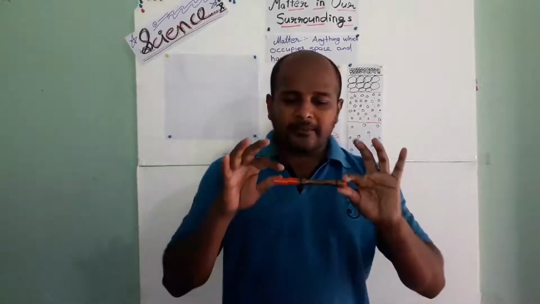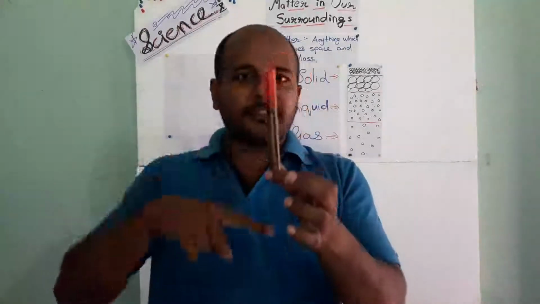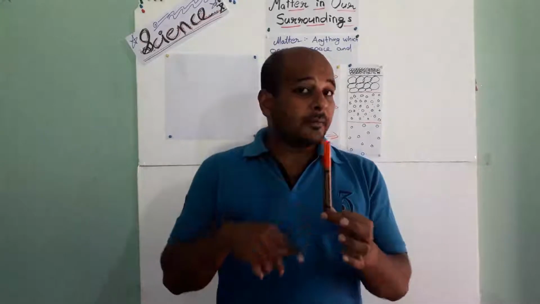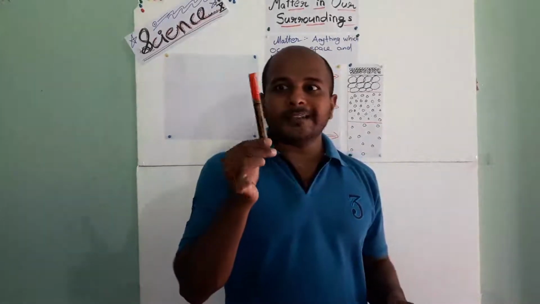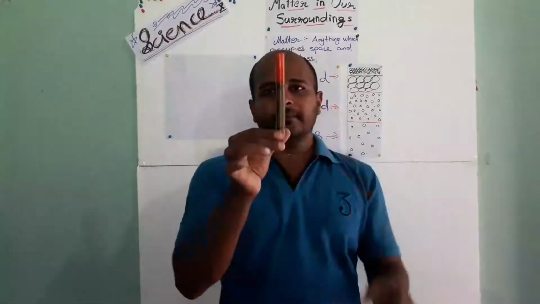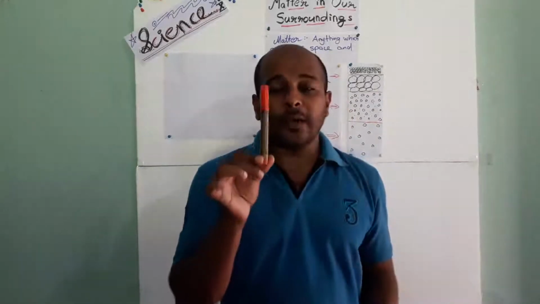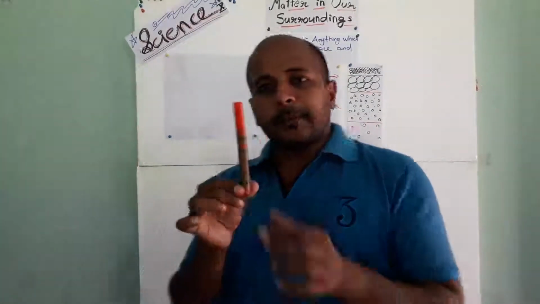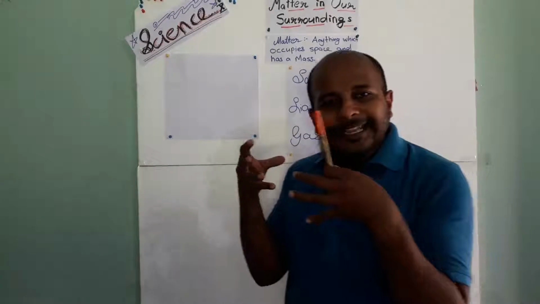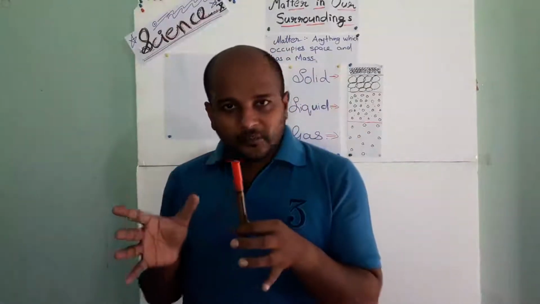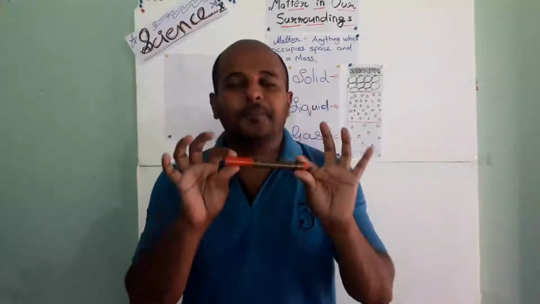This pen I have in my hand, you know that it is made up of millions of particles, but it looks like a cylindrical pen. Why? Because the particles inside this pen attract each other. That's why it has a shape, isn't it?